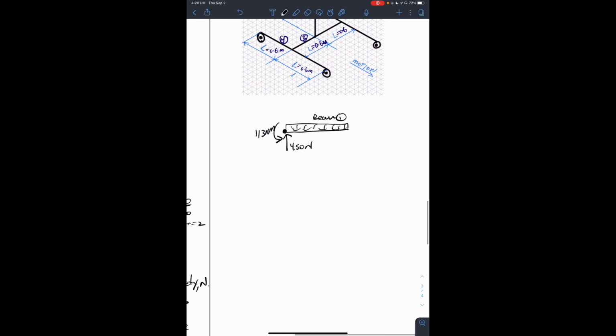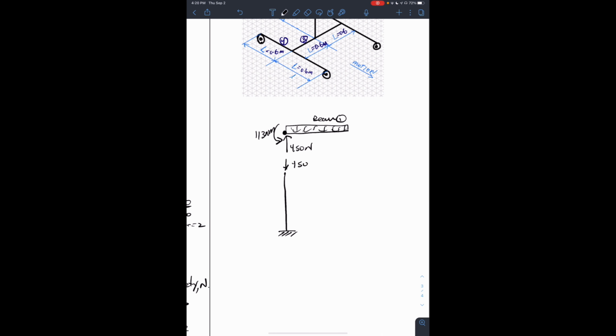Now if we look at beam 2, which is vertical, that reaction force is opposite and equal, this is 450, and the opposite and equal moment will be, in this case, clockwise like this. And that will be 113 Newton meter. So this here is beam 2.